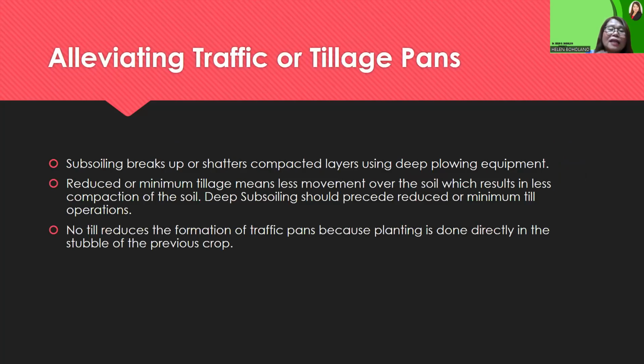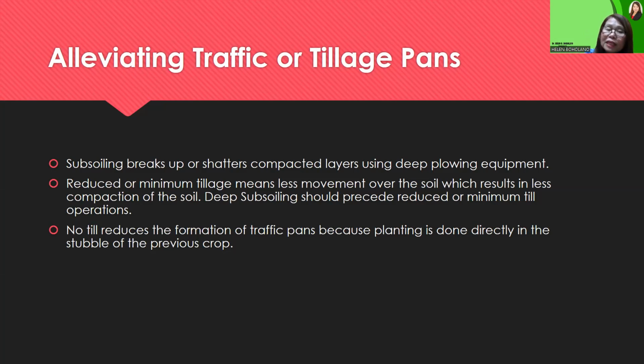So there are ways to alleviate the traffic or tillage pans. As future agriculturists, we need to know the different ways of alleviating them. Subsoiling breaks down compacted soil using deep plowing equipment. Reduced or minimum tillage means less movement over the soil, which results in less compaction.